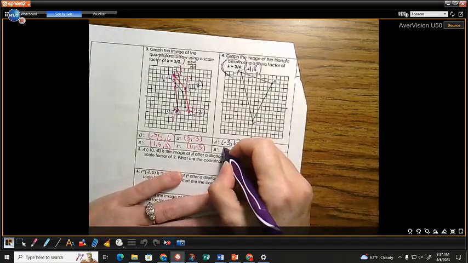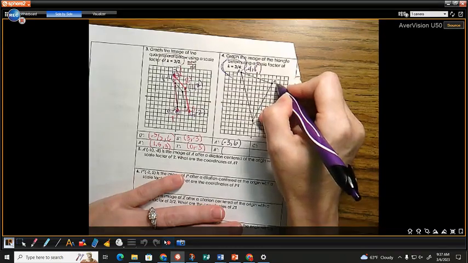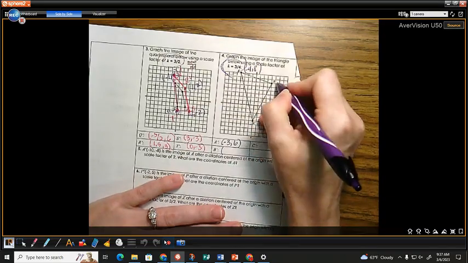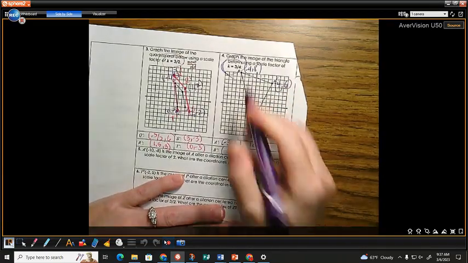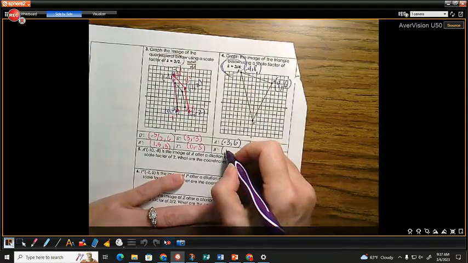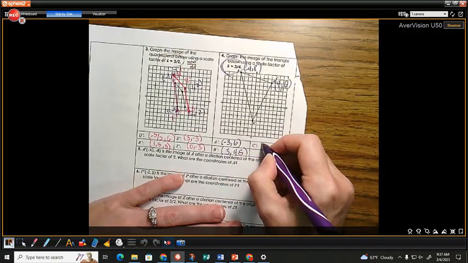So where did B prime land? Well, B is at 4 and 6. 6 doesn't divide by the 4 on the bottom evenly, so we end up with 3 and 4.5.